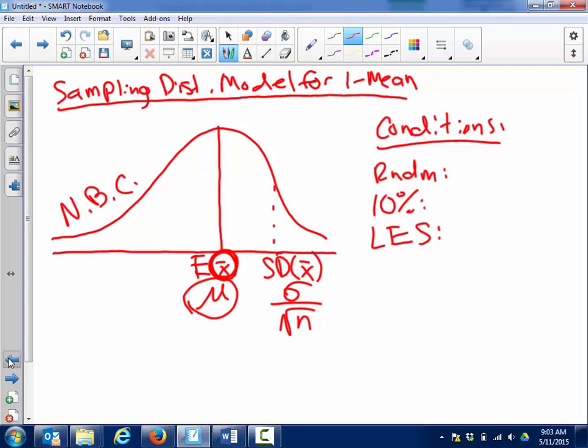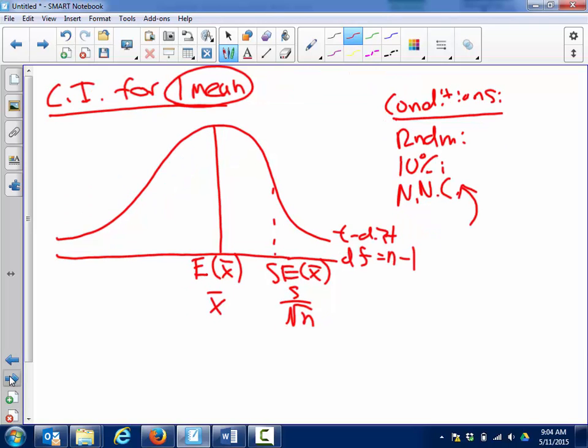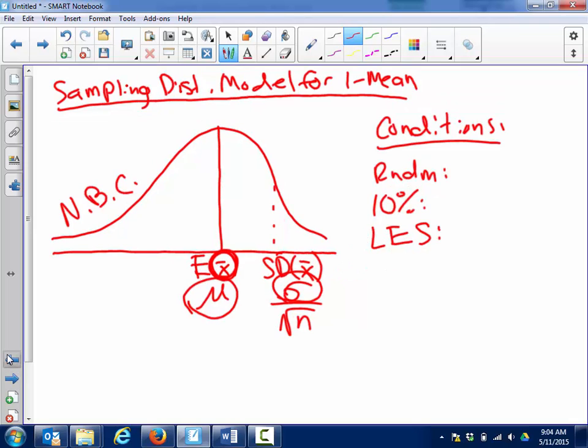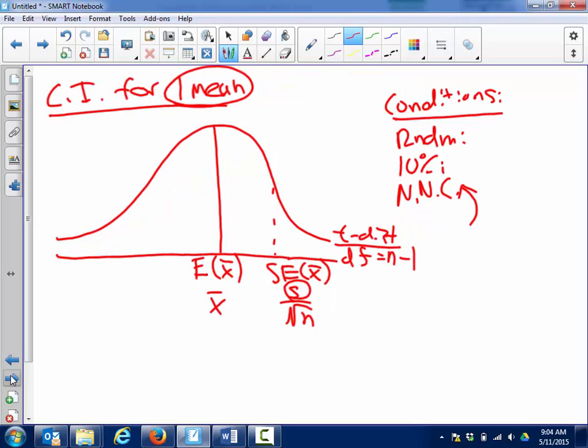All right, let's go ahead and recap here. Notice for a single mean, you may use the normal bell curve, so long as you know what the population standard deviation is. Otherwise, you're going to use a t-distribution, and you're going to estimate your standard deviation with the standard error by using your sample standard deviation rather than the population standard deviation.